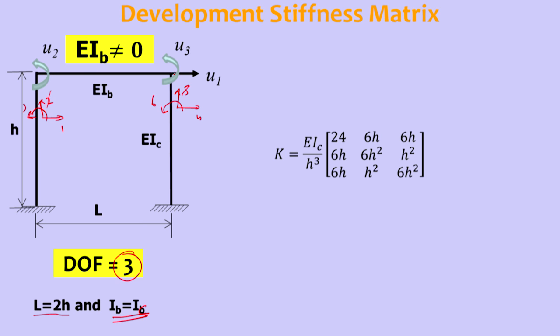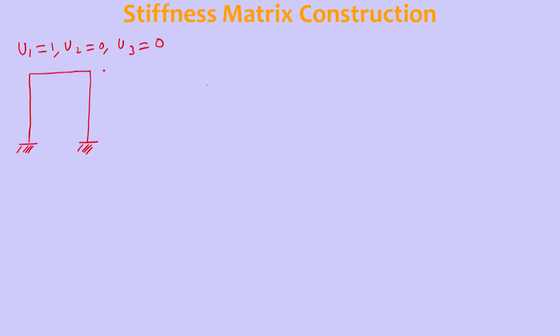If we write U1 is equal to 1, U2 is equal to 0 and U3 is equal to 0, so degree of freedom 1 is given unit displacement, as you can see here. U1 is translation, U2 is rotation and U3 is also rotation. So U1 translation is given 1 unit.